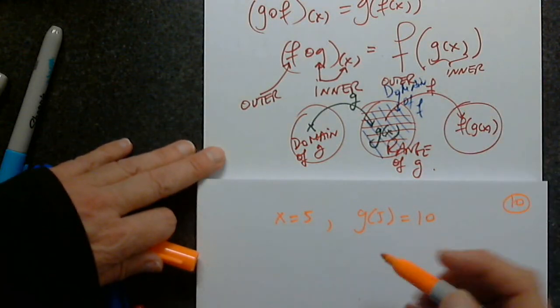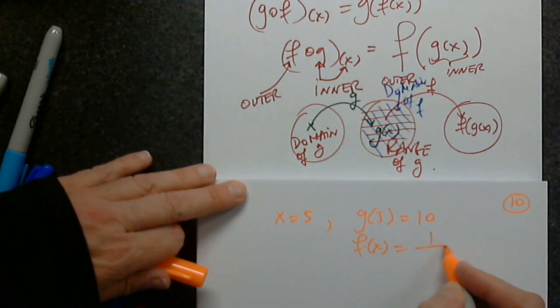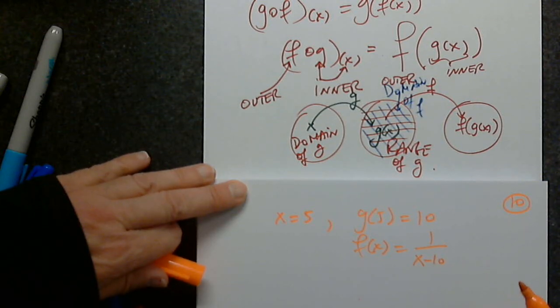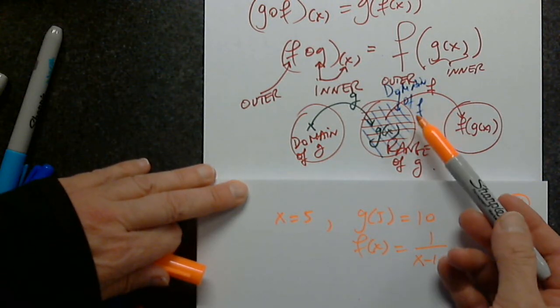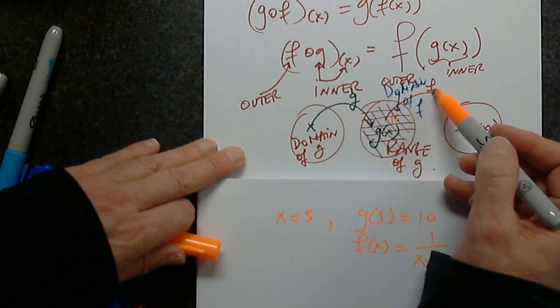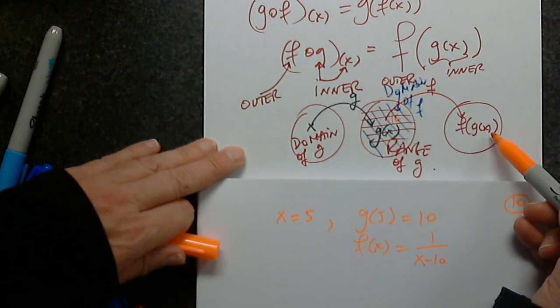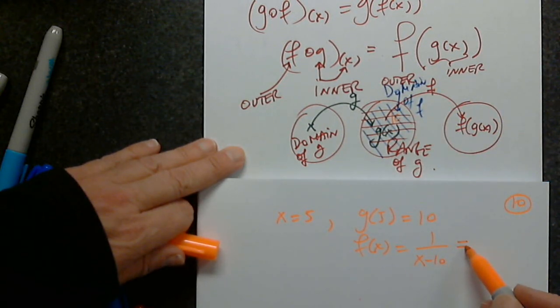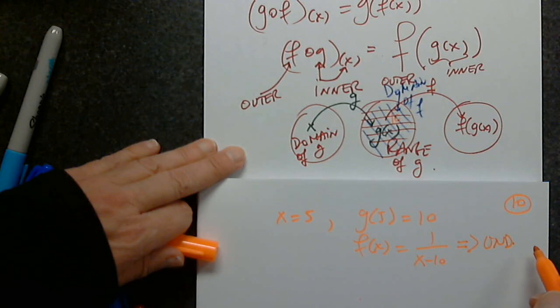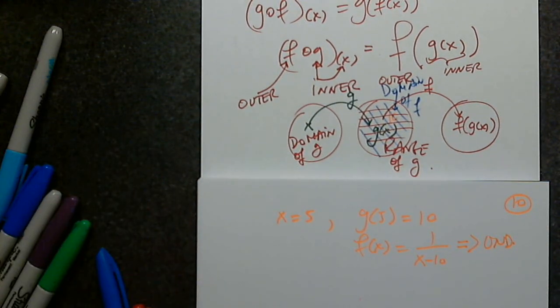And let's suppose function f of x is 1 over x minus 10. So now I'm telling you, plug in 10 from here, apply f to 10, and tell me what number you get. Undefined.